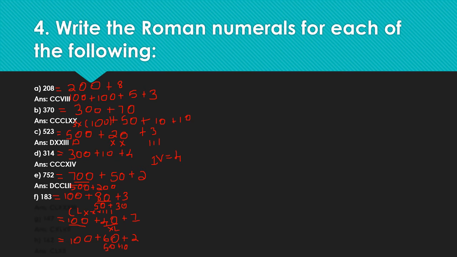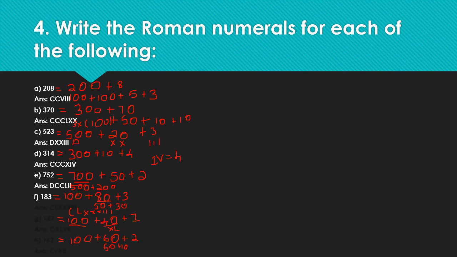Next problem, 183. 183 write in expanded form: 100 plus 80 plus 3. So now 100 we have the symbol, then 3 we have the symbol, but 80, what can you do? You can split this number. We don't have the symbol for 80.